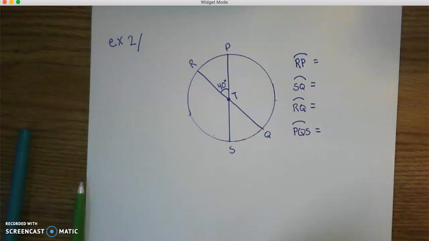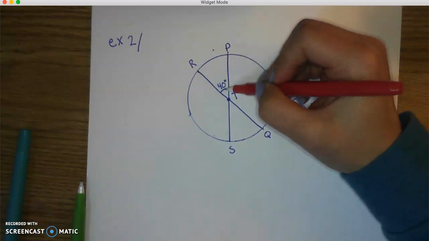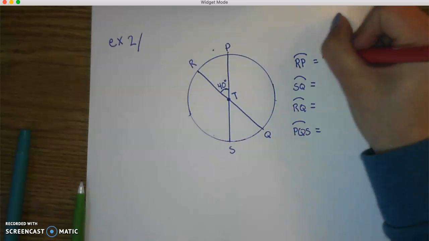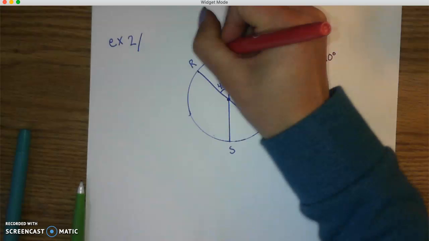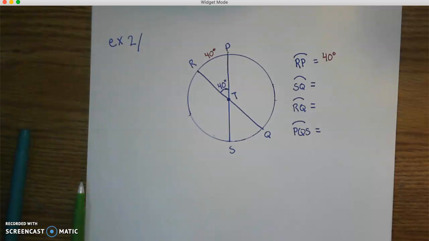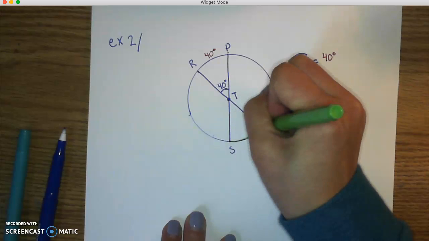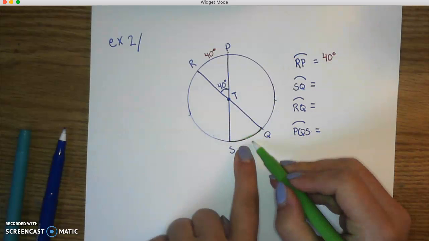So first up, RP. Well, this arc is the same as its central angle, which is 40 degrees. Arc SQ, where's SQ? SQ is over here, right here on the bottom.